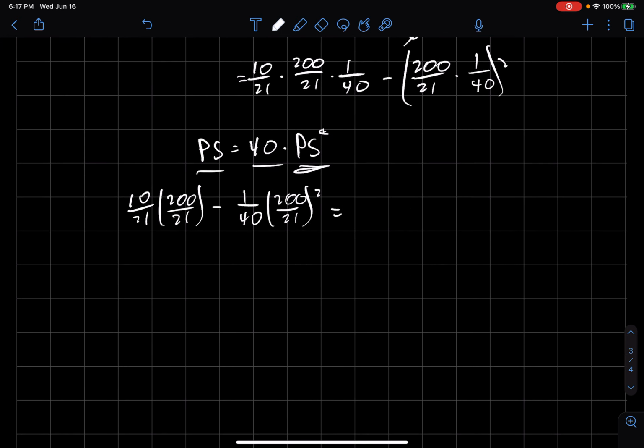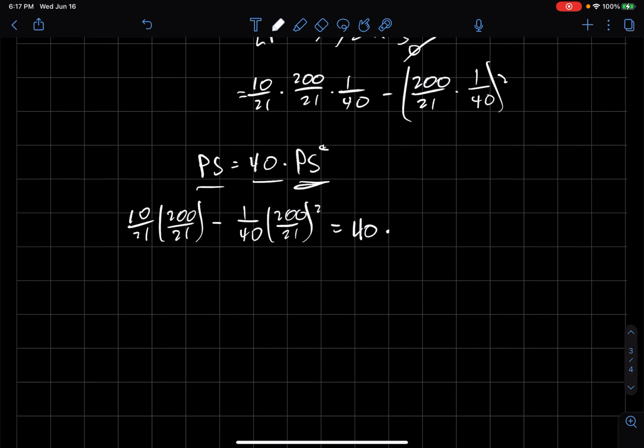And then next, we have 40 times both parts. So first we have 10 over 21 times 1 over 40 minus 40 times 200 over 21 times 1 over 40 squared.